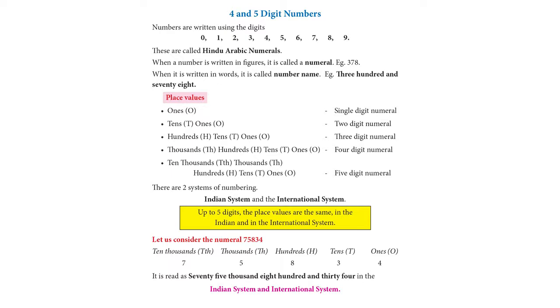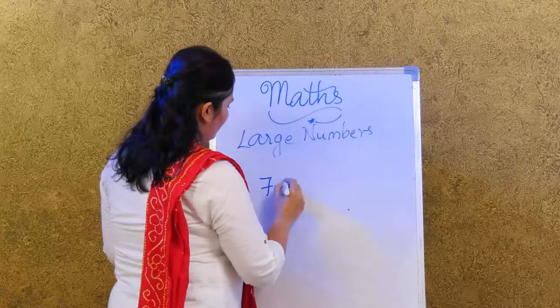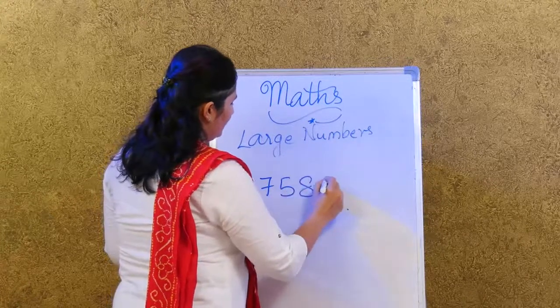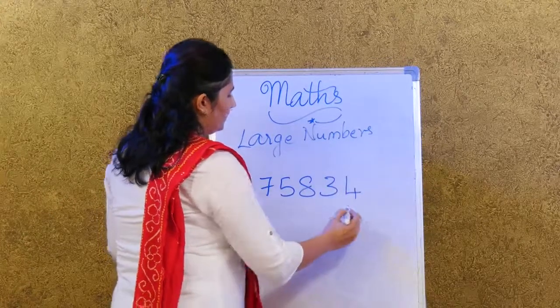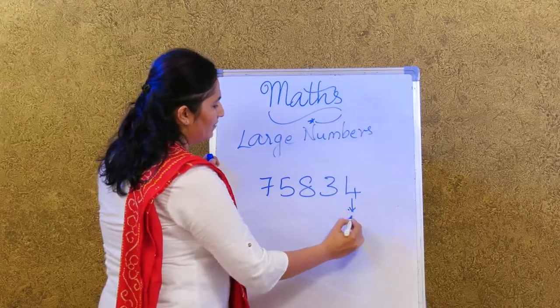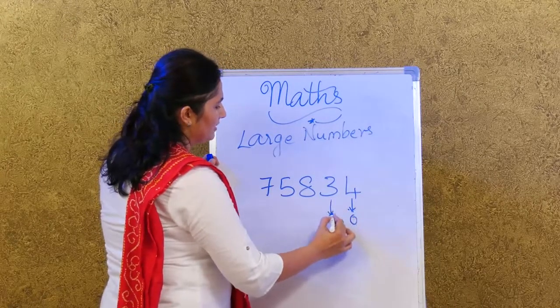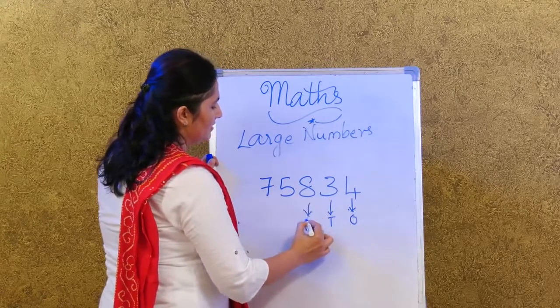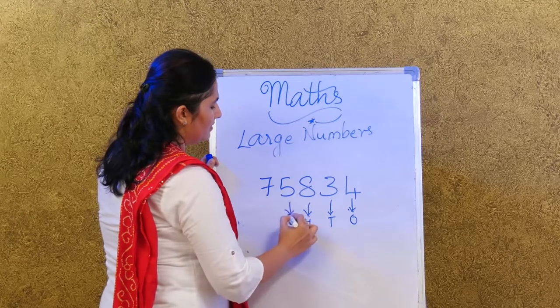Now let's go on and see a number, 75834. So how do we write 75834? According to what we learned in the place value house, this is ones, this is tens, this is 100, this is 1000.